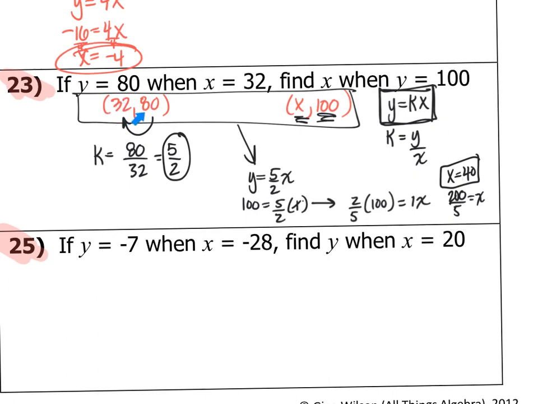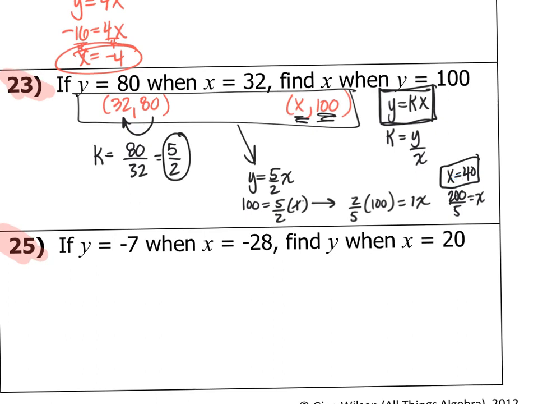I took one that was filled out, I put y over x, and that gave me the constant ratio, k, to be 5/2, which means my equation is y equals 5/2 x. This equation will help me find this missing value. Since this is an ordered pair, this y value and this x value must both fit into this equation at the same time. 100 is equal to 5/2 times x. Now I can solve this equation for x to get that it is 40.